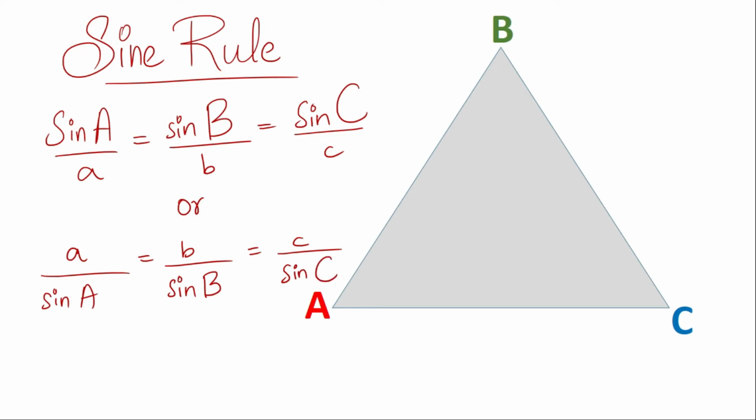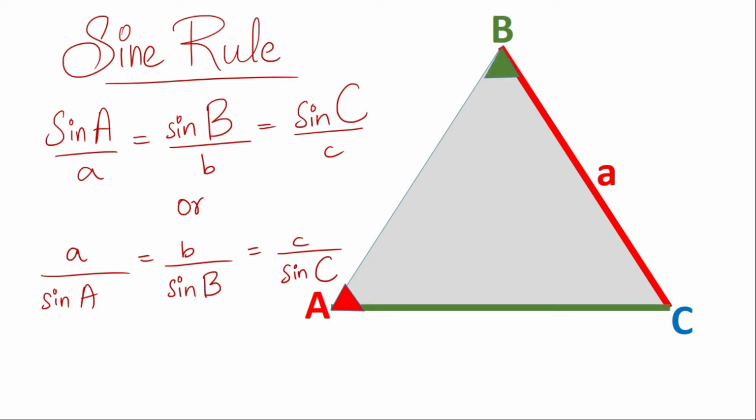Now let's label these sides and angles in the given triangle. As you can see, the capital letter stands for the angles, and the small letter, right opposite to the angle, denotes the side opposite to angle A. Similarly, capital B denotes an angle, and the side exactly opposite to it is the line AC, the long green line, which is denoted by the small letter b.